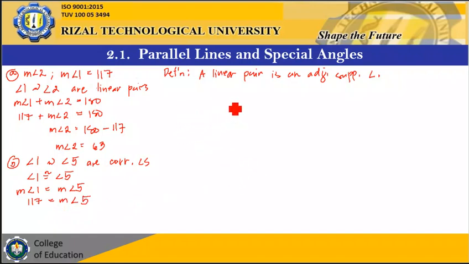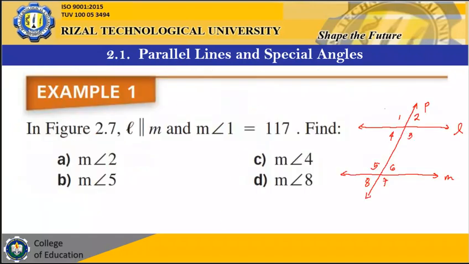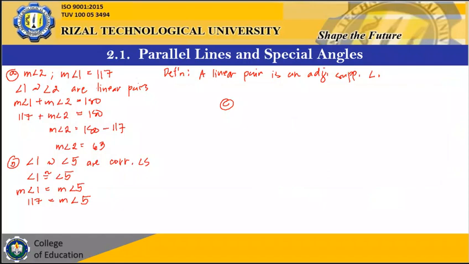For letter C, from the given figure, we know that angle 2 and angle 4 are vertical angles. So we say that angle 2 and angle 4 are vertical angles.